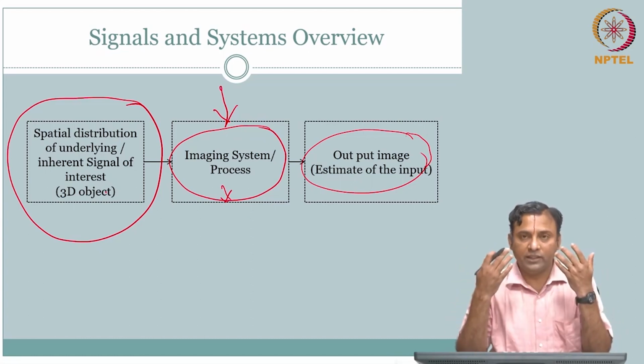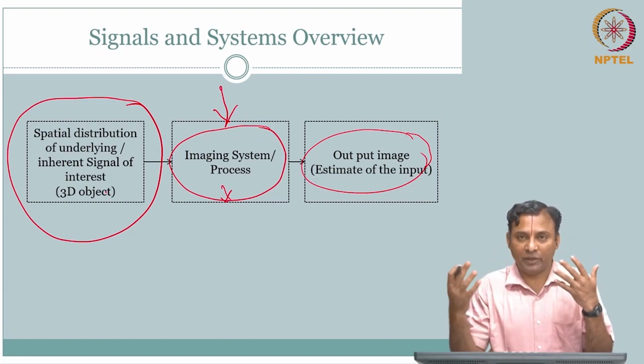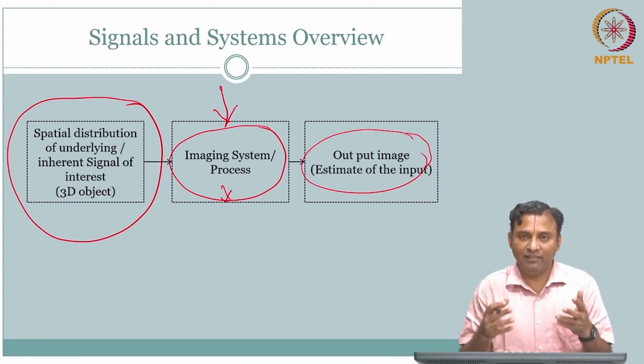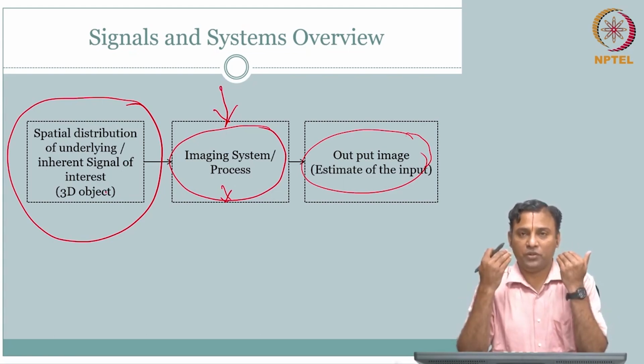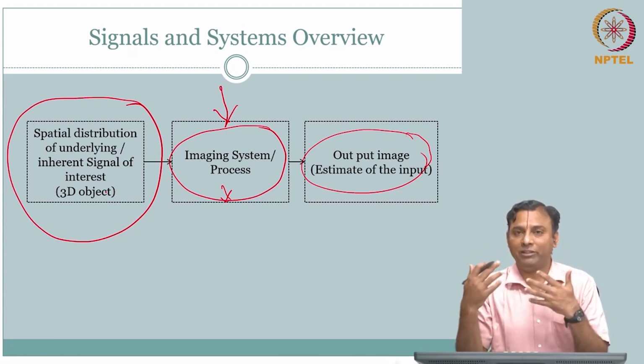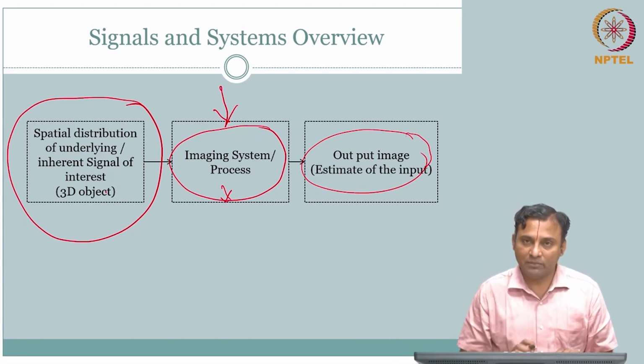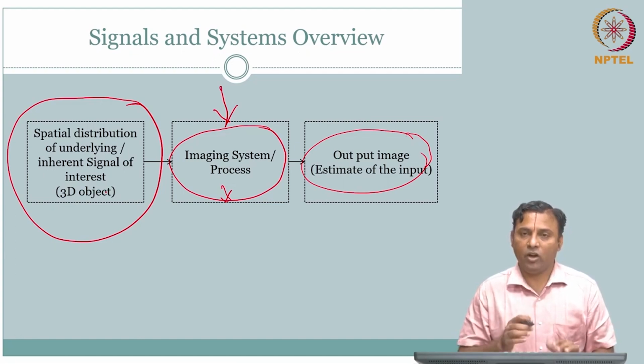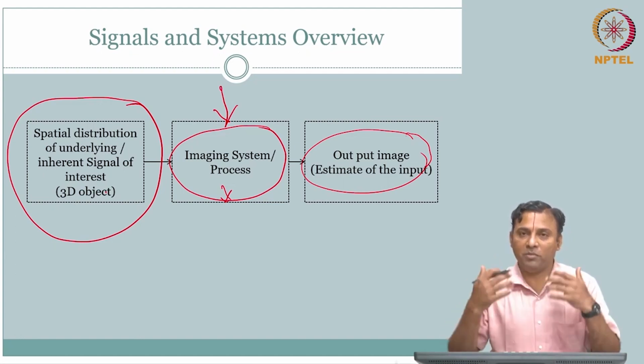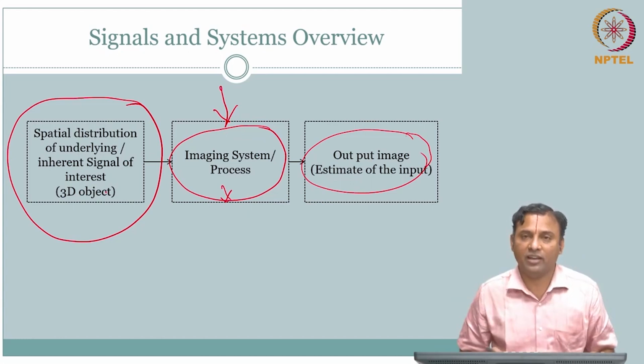Your vision is the imaging system, for interpretation purposes. So you are seeing me on the screen, and that goes into your eyes and you perceive me. But we are interested in the imaging system, not the human imaging system, not the eye and vision.